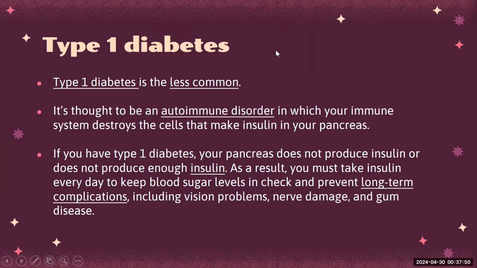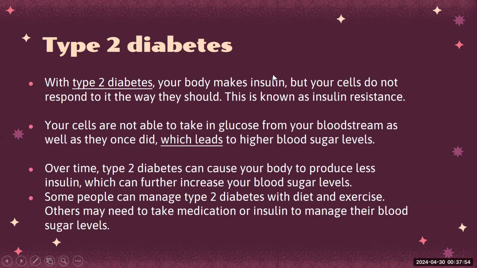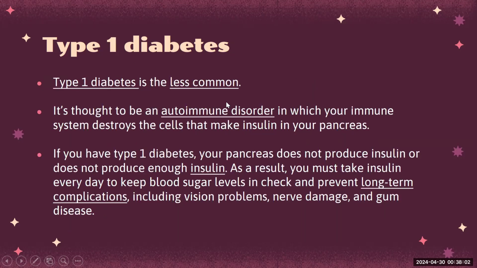We have two main kinds of diabetes: diabetes 1, which is less common, and diabetes 2, which is more common in older people. Diabetes 1 is an autoimmune disorder.